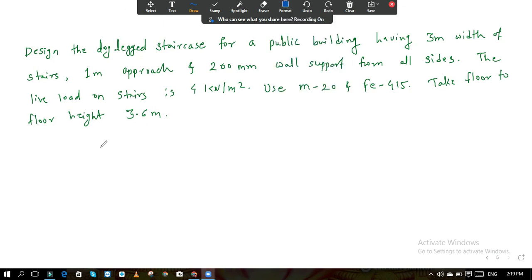Okay. So here first what we will calculate? We will calculate the height of single flight, which is equal to 3.6, the total floor to floor height, divided by 2, so it is 1.8 meter.